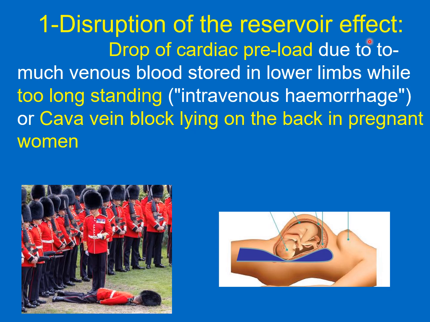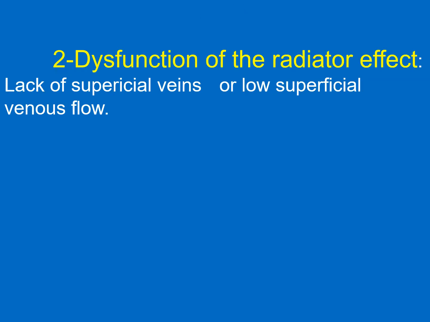Disruption of the reservoir effect: it's a drop of the cardiac preload due to too much venous blood stored in the lower limbs while standing too long, intravenous hemorrhage, or a cava vein block lying on the back in pregnant women. Dysfunction of the radiator effect by lack of superficial veins or low superficial venous flow.